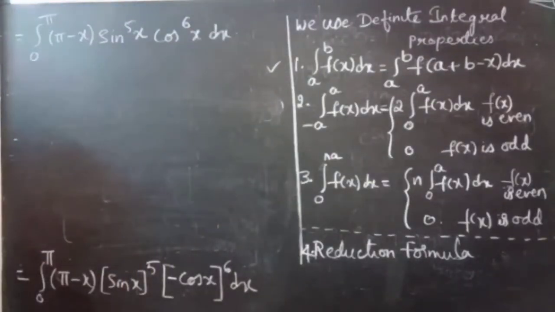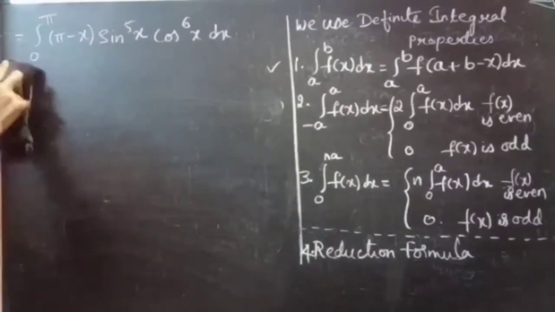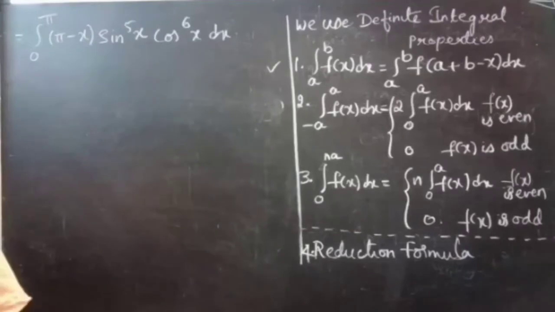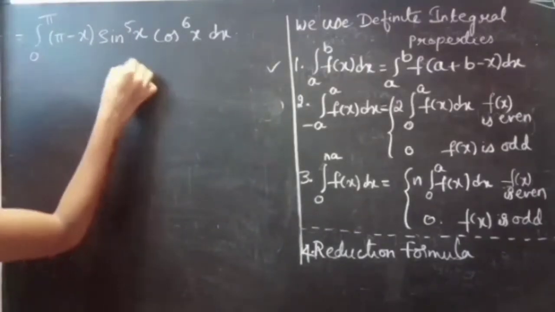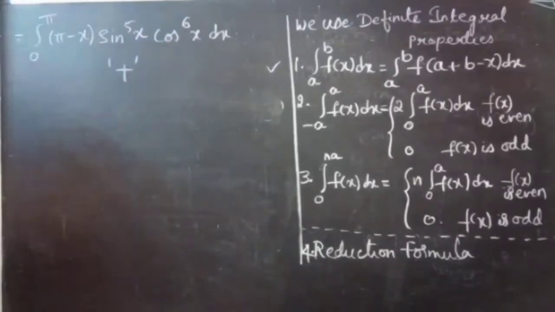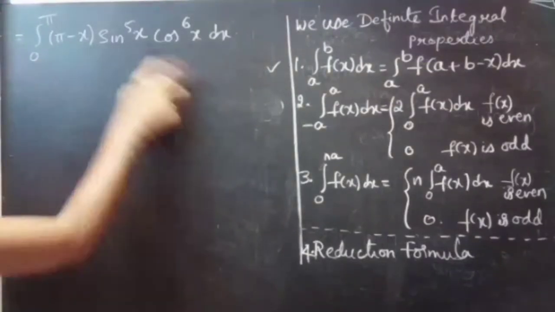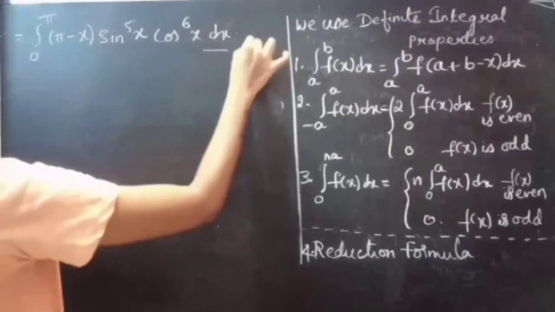Okay. So we can say that the given function is even. Since you got a positive function finally, the given function is even here. Consider it as equation 2.